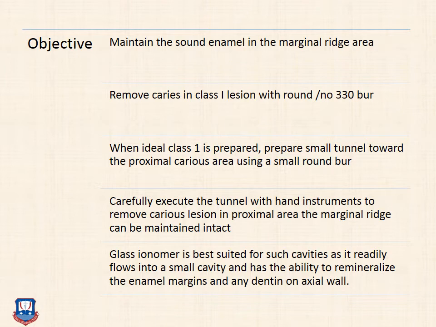For this tunnel preparation, glass ionomer is the best suited material for such cavities, as it easily flows into small cavities and has the ability to remineralize the enamel margins and any dentine on the axial wall. So for tunnel preparation, glass ionomer is the best suited restorative material.